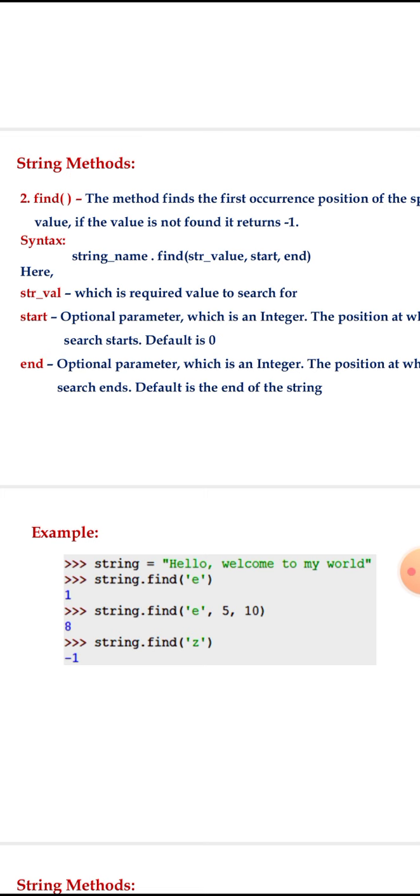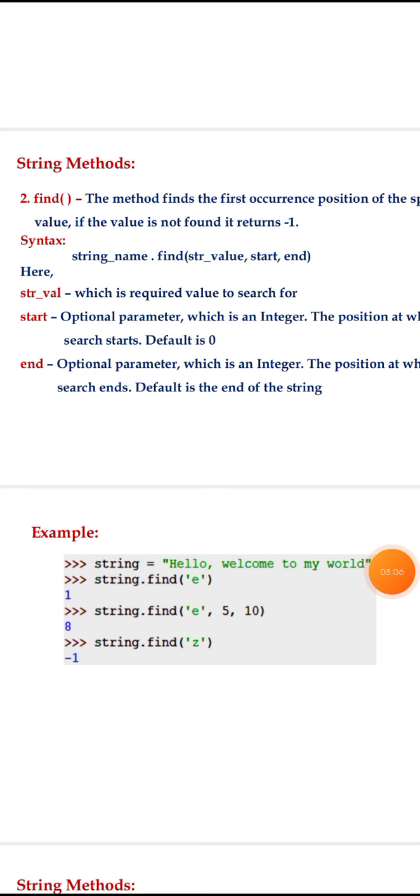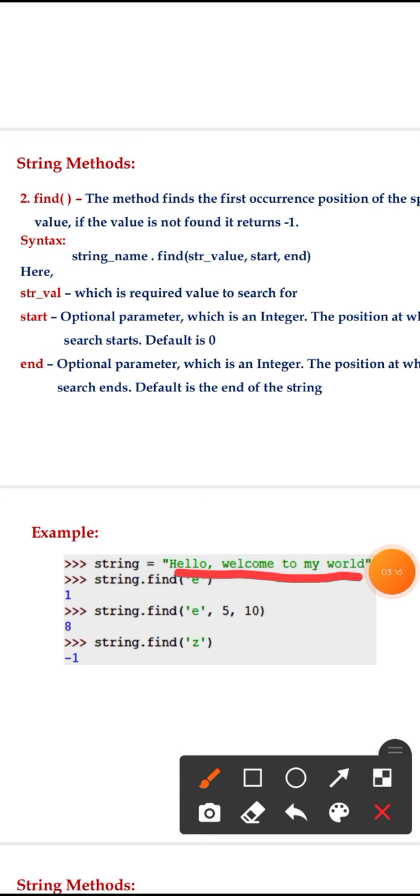The next one is string find E starting from 5 and ending at 10. It finds it at position 8, so it prints 8. And string find Z. In this string there is no Z, so it gives output -1.